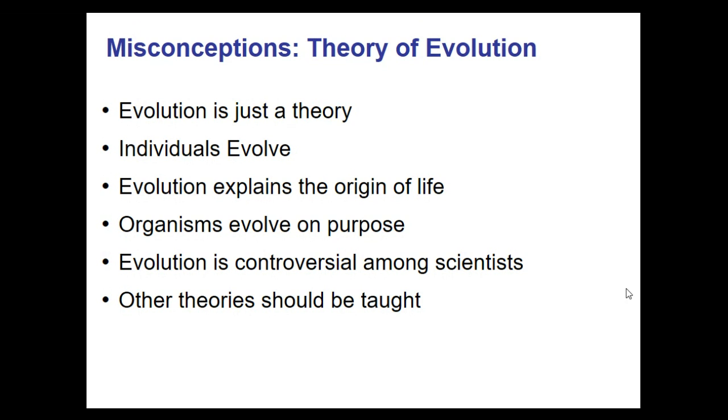Organisms evolve on purpose. Like I was saying, evolution only acts on the genes or alleles that already exist, and ones that happen by mistake. New genes appear by genetic mutations, which are just mistakes, and then natural selection acts on those genes.